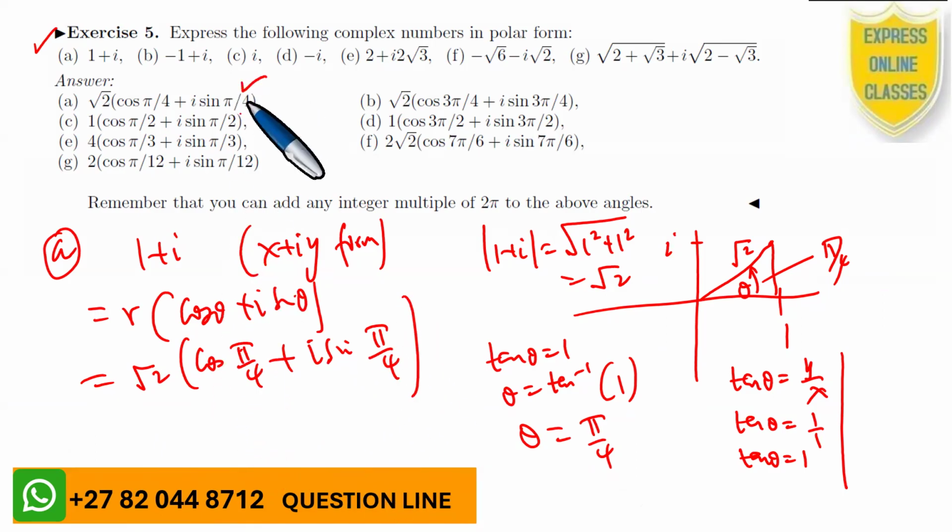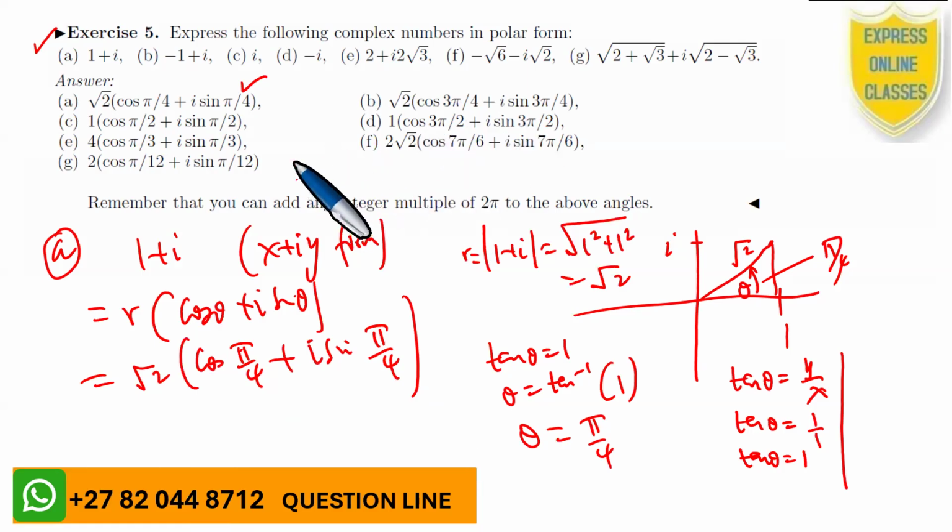So this is the expression in polar form. Any question about the polar form? Make sure you understand this, because it's very easy and it's something you need to understand.